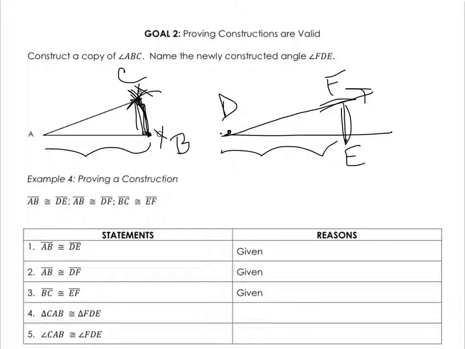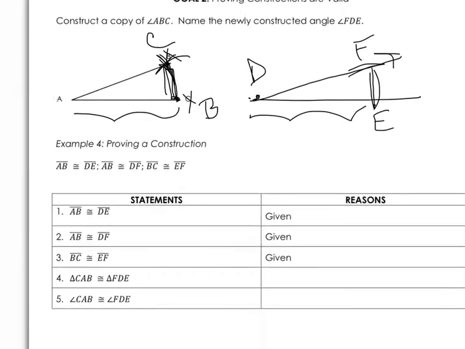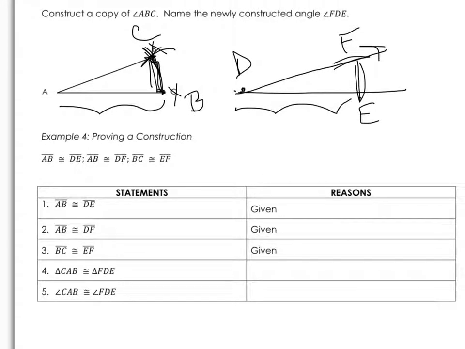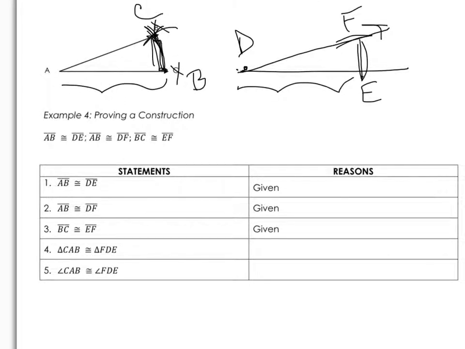All right, so what we're doing now is we're going to prove that these sides all equal each other, or that these triangles are equal. So we're writing a proof to verify that this construction is valid.